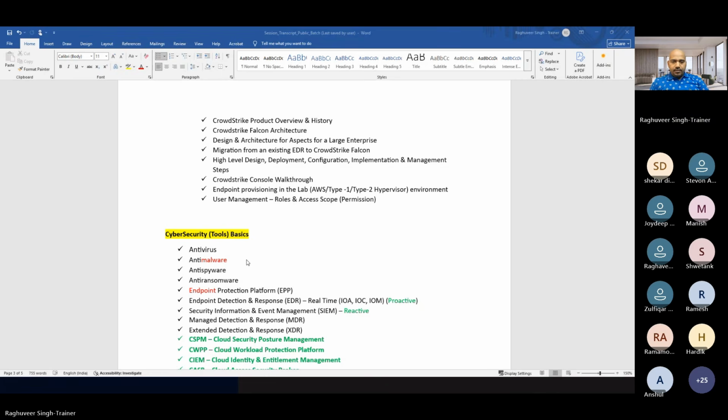Some of the participants are probably in your 30s and 40s, or probably in your 50s, and you have seen how technology has evolved over a period of time. For example, I got my first desktop in the year 2000, 26 years ago, and I got it assembled from a local market.